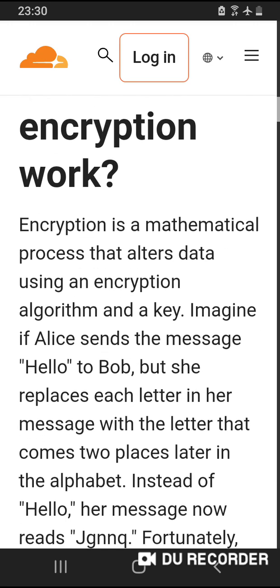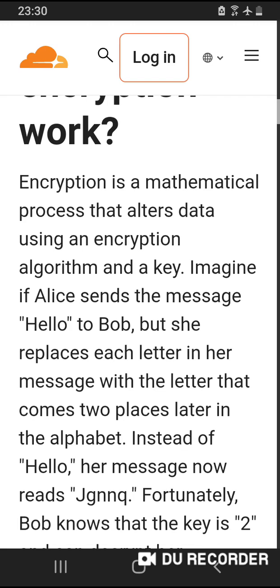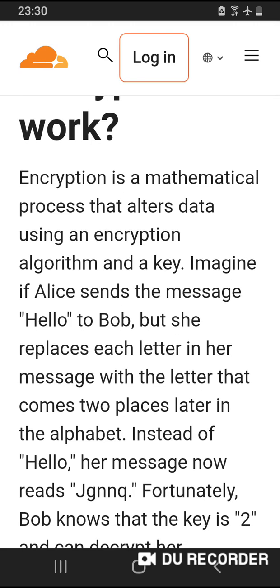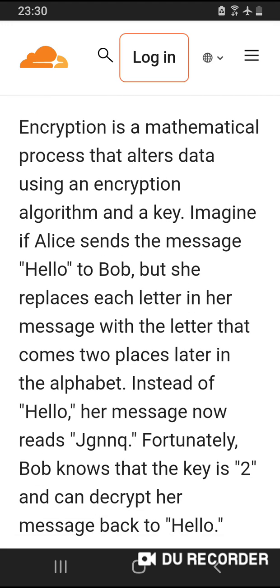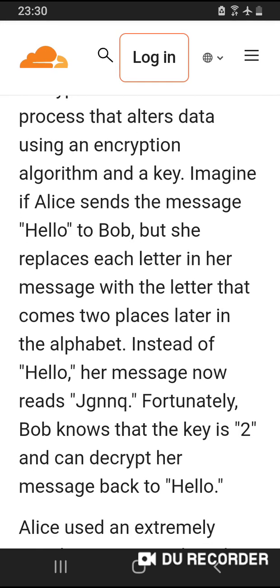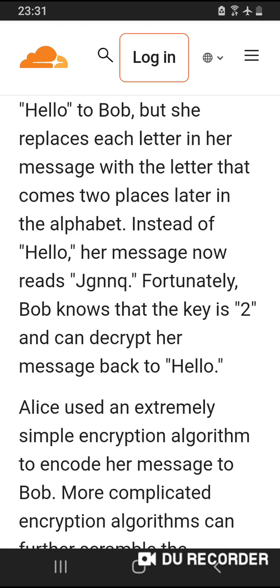How does encryption work? Encryption is a mathematical process that alters data using an encryption algorithm and a key. Imagine if Alice sends the message "hello" to Bob, but she replaces each letter in her message with a letter that comes two places later in the alphabet. Instead of "hello," her message now reads "JGNQ."